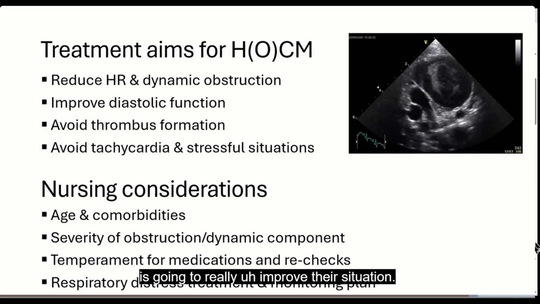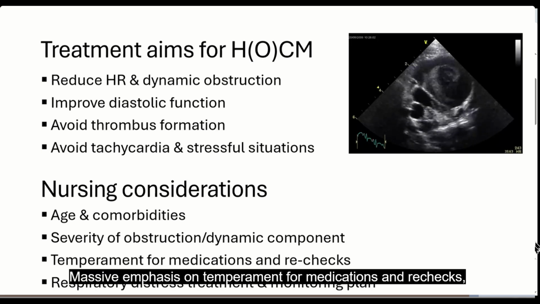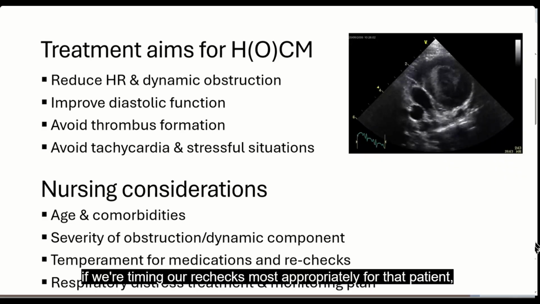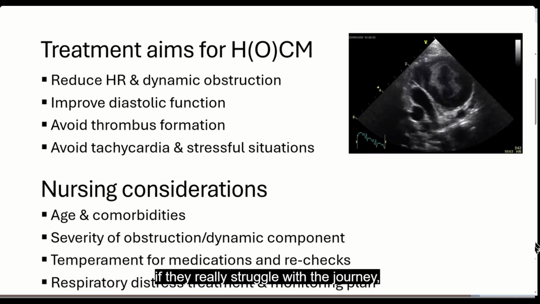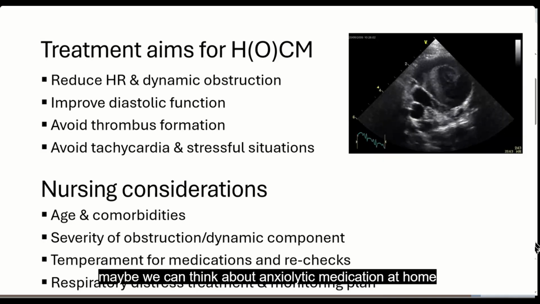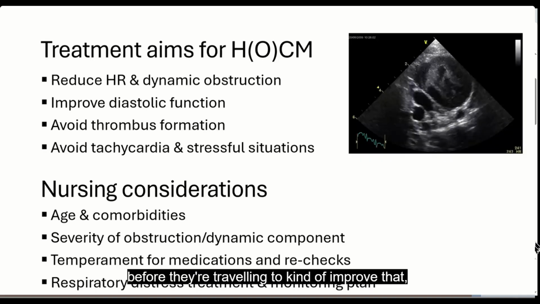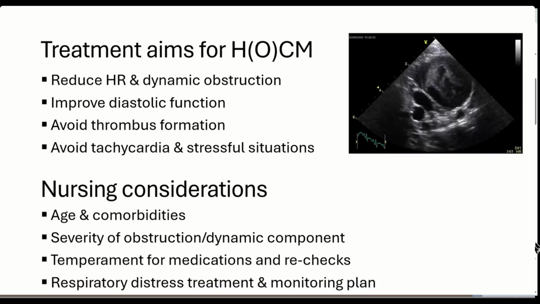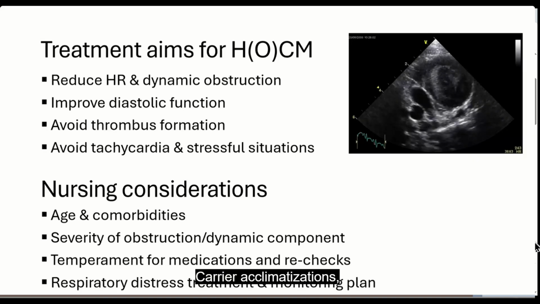Massive emphasis on temperament for medications and rechecks, and as I said before, if we're timing our rechecks most appropriately for that patient, if they really struggle with the journey, maybe we can think about anxiolytic medication at home before they're traveling to improve that, working with our clients to do things like carrier acclimatization and all this kind of thing. It's all available on the ICAT Care website as well.